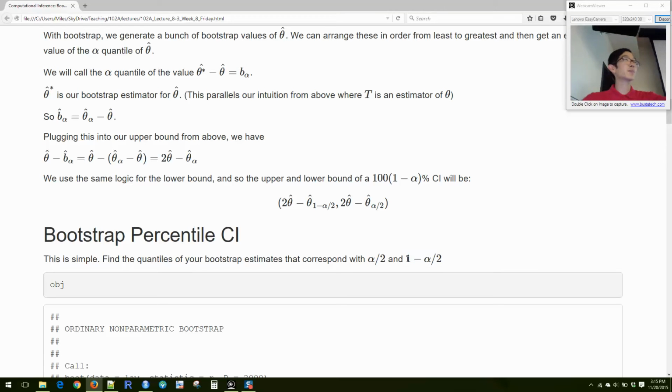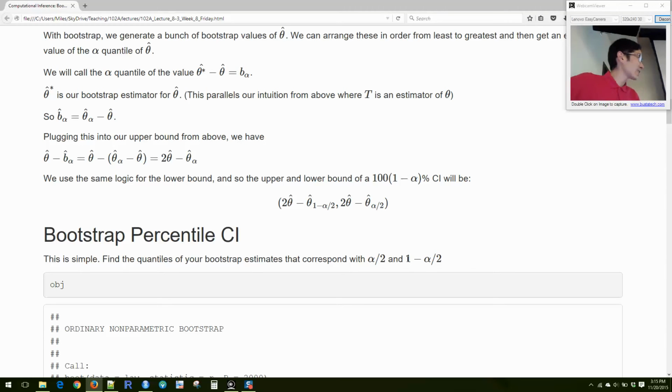Yes, question? What does the basic bootstrap tell you in its formula that the other bootstraps don't? So the question is, why would we use one confidence interval over another? I don't know.